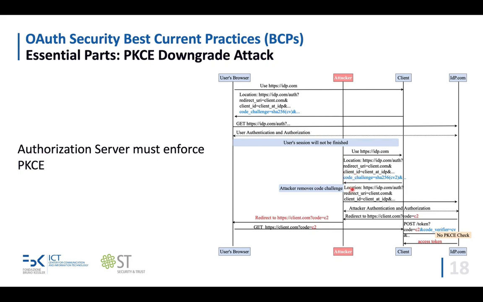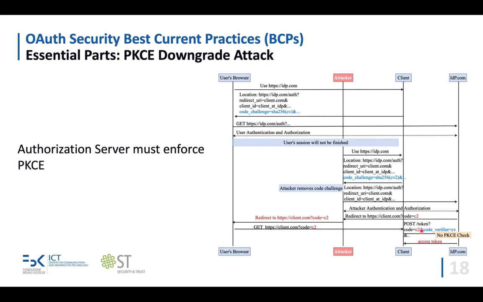And as I mentioned earlier, because the IDP allows this request to proceed without the code challenge, the attacker can perform the authentication, and as a result of successful authentication and authorization, he will obtain the code. And what the attacker does is send this authorization response to the user's browser, and the browser will send the code that is actually issued for the attacker to the client, and then the client will exchange this code with the IDP.